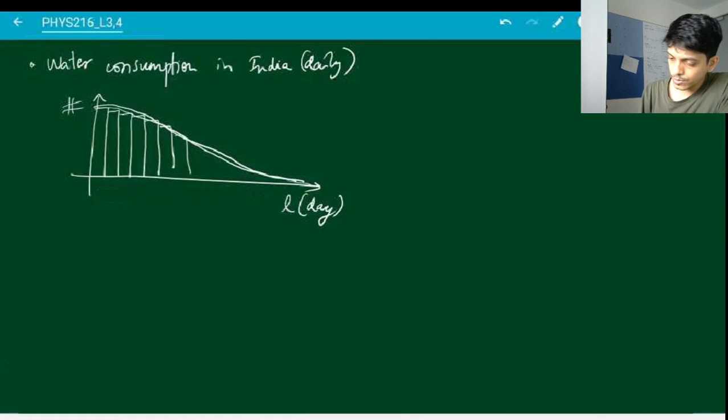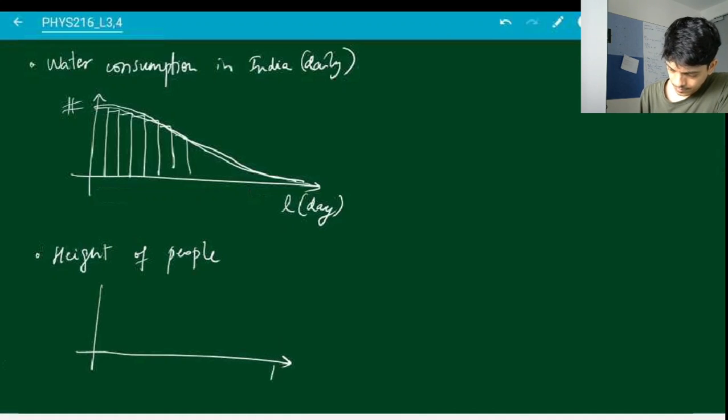What if I talk about the height of people? Height, let's say in meters, and number of people. So most people might have a height of maybe around 160 to 180 centimeters, so 1.6 to 1.8 meters.